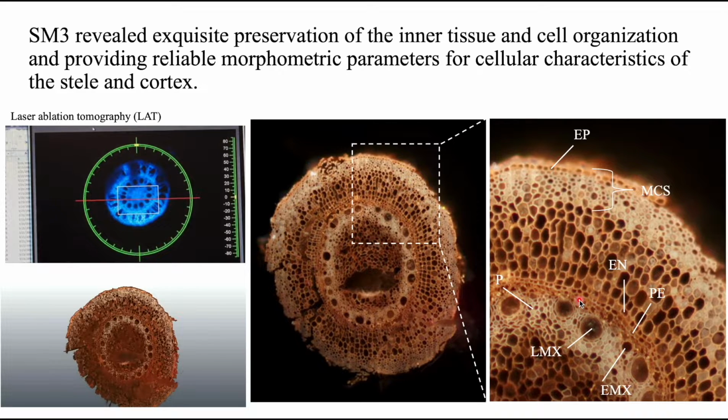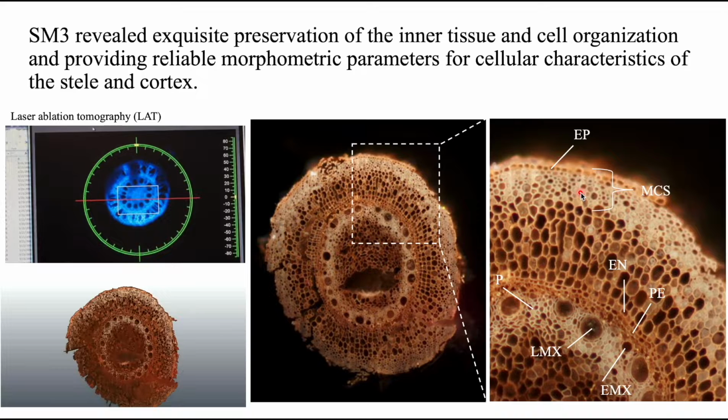We can very clearly distinguish the layer of pericycle and the layer of endodermis, several layers of cortical cells, and a phenotype that resembles MCS. So if we have MCS in these specimens, this will mean that the domestication traits of the roots were present 5,000 years ago.